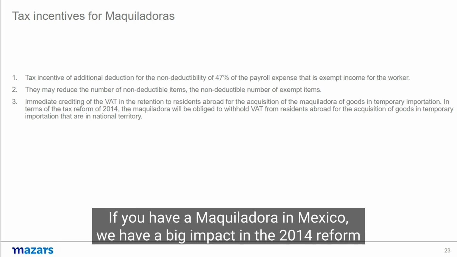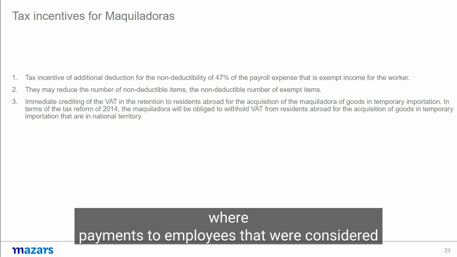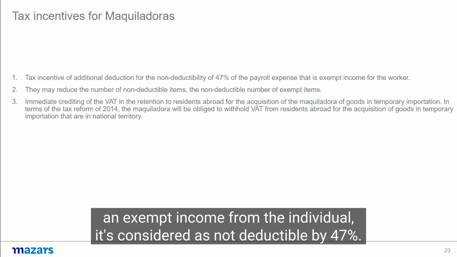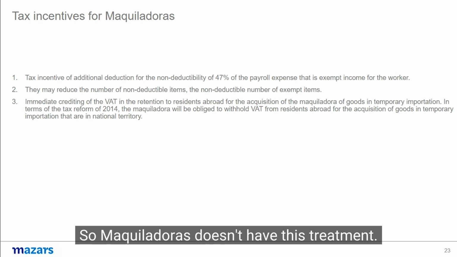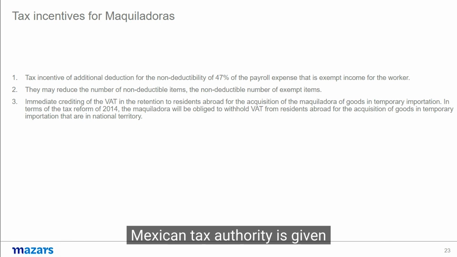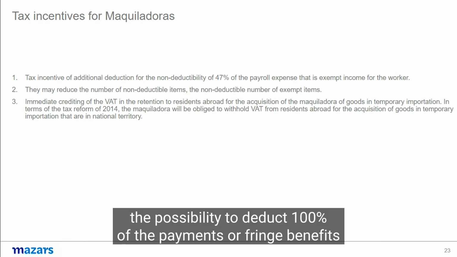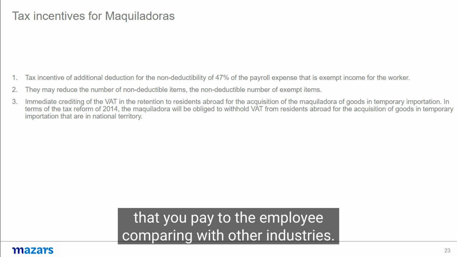In Mexico, we had a big impact from the 2014 reform, where payments to employees that were considered exempt income for the individual are considered not deductible by 47%. Maquiladoras don't have this treatment. The Mexican tax authority gives the possibility to deduct 100% of the payments or fringe benefits that you pay to the employee.